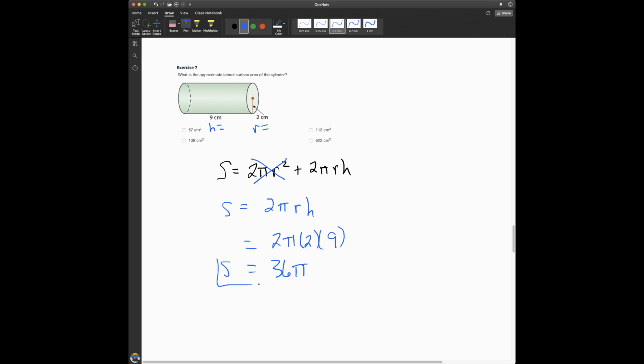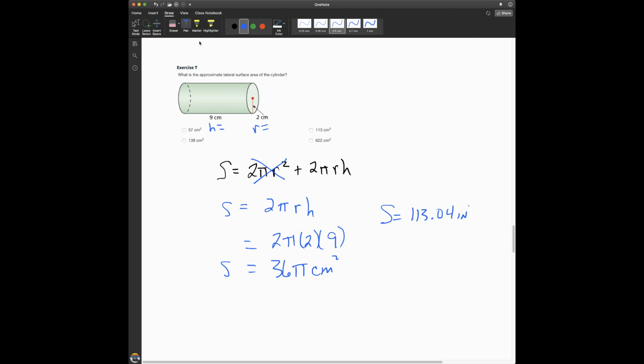So here's my surface area. Let me put my units. That's not good, I forgot my units. Centimeters squared. Since we want to approximate the lateral surface area, I need to take 36, multiply it by 3.14, and you end up with 113.04 inches.